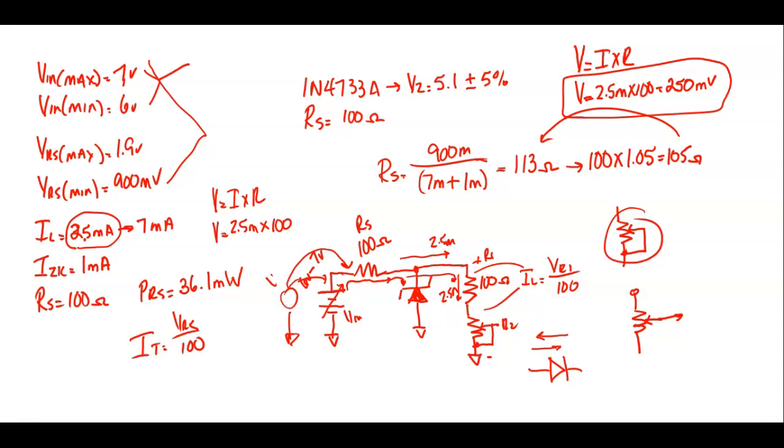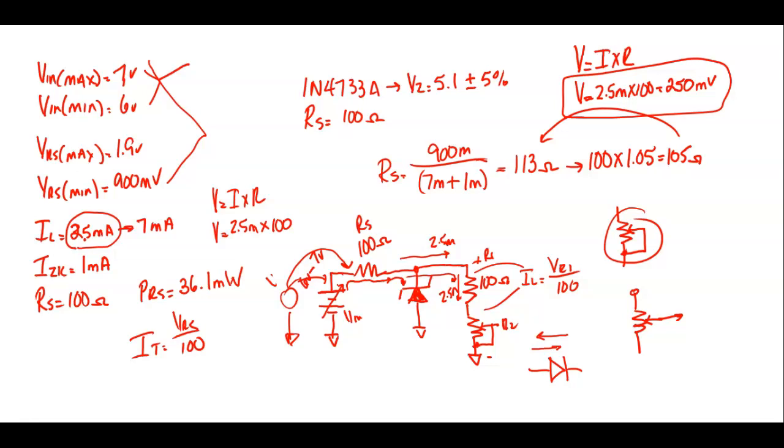Your input voltage always has to be greater than your Zener voltage. So my minimum would be 6 volts. The maximum I'd ever put in would be 7. So what y'all are doing is getting the Zener voltage confused with my input voltage, right?